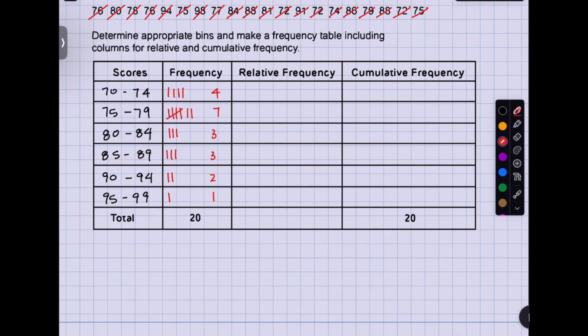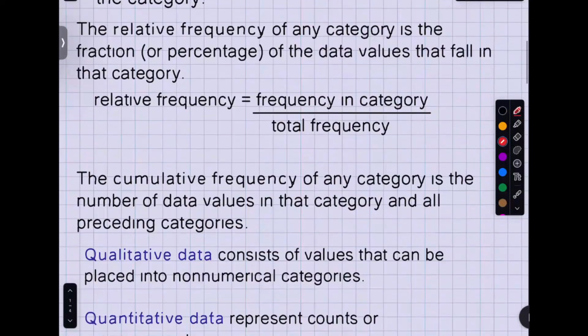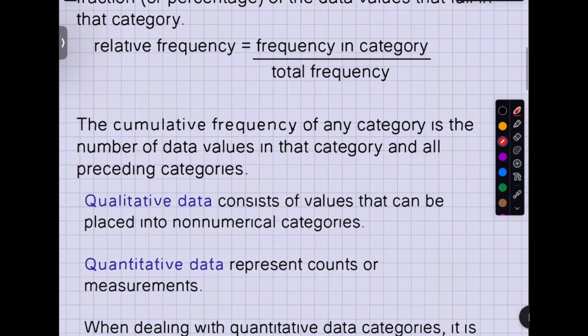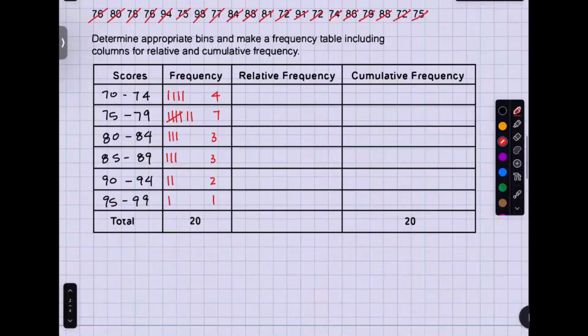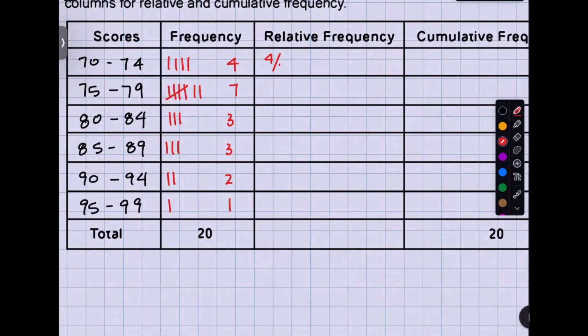So where is the relative frequency coming from? If we go back up here, this would be 4 out of 20. Should we multiply by 100, or should we just leave it as a decimal?